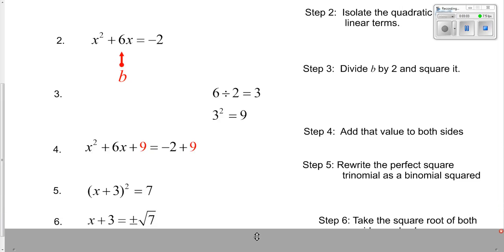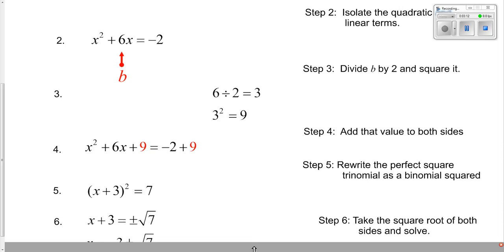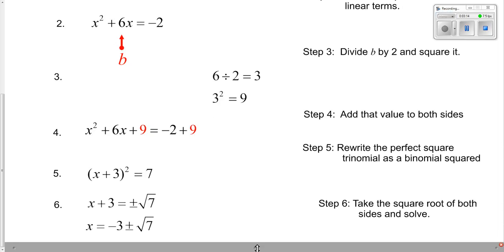Now, the last step basically is take the square root of both sides and solve it. So here's what we get. The square root of x plus 3 squared is x plus 3. The square root of 7 is plus or minus the square root of 7.